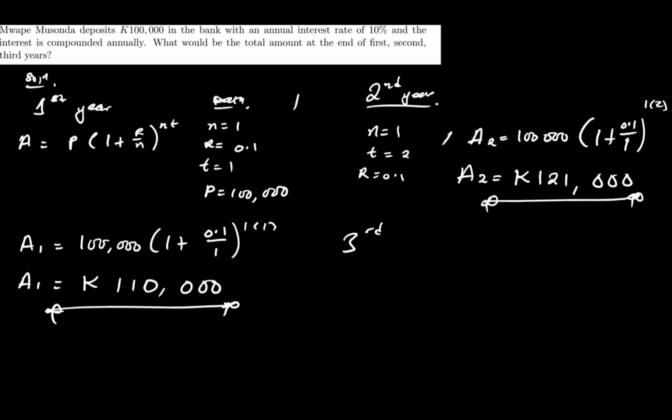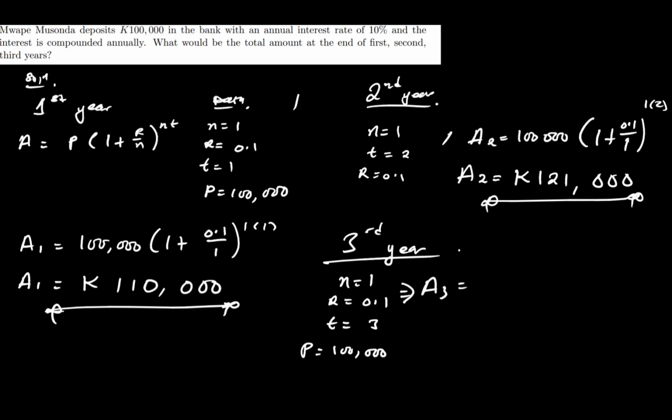In the third year, we'll do the same approach. n will be 1, R will be equal to 0.1, the time period will now be 3, but the principal amount remains the same. So S sub 3 is equal to 100,000 times 1 plus 0.1 over 1, to the power 1 times 3.